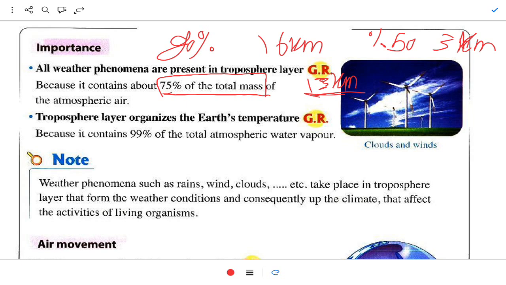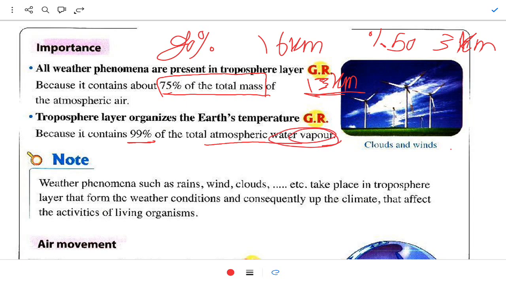And the second question, give me the reason troposphere layer organizes the Earth's temperature. How does that come? Because it contains 99% of the total atmospheric water vapor.